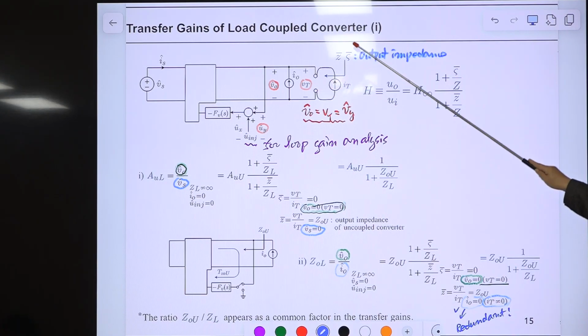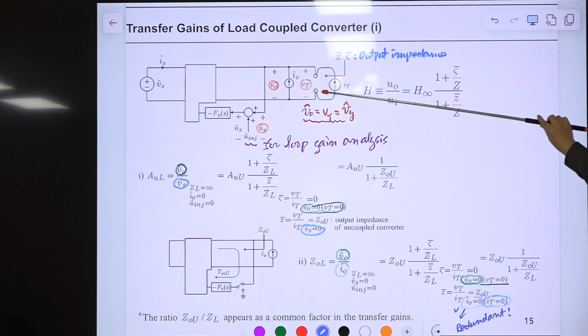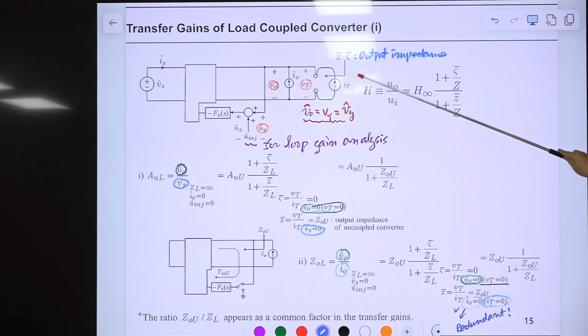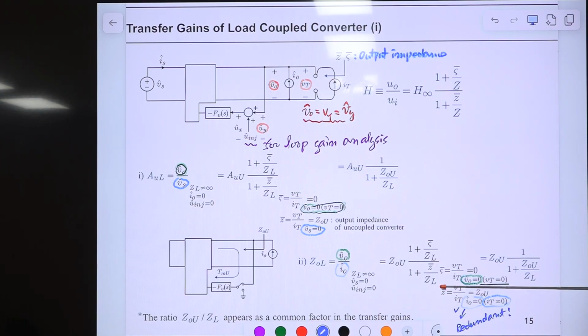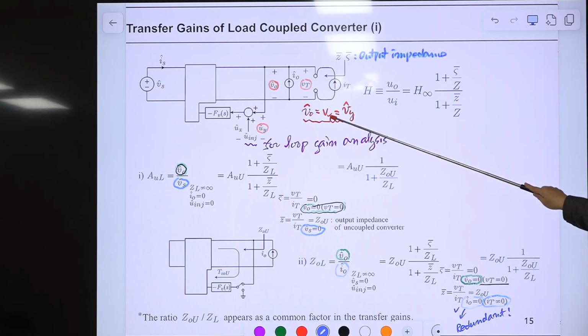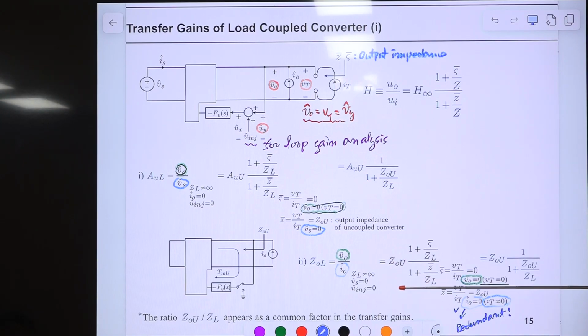It is the same as the impedance looking into this slot, with the condition that the output of this transfer gain is 0. So VO is 0, then this one is 0 because they are the same variables. So again, this zeta bar is 0.